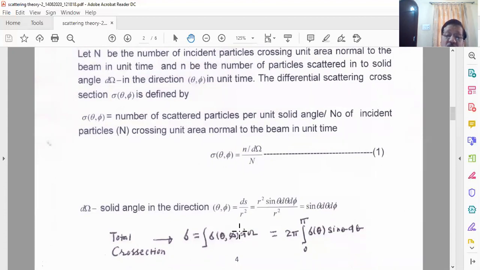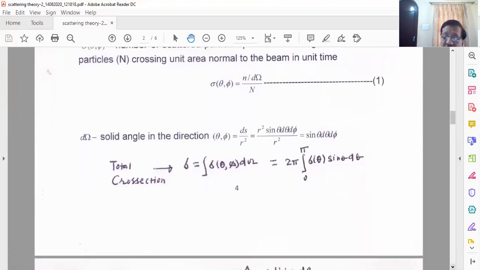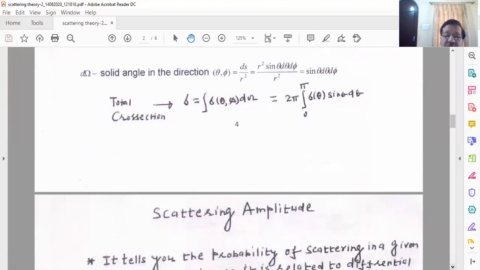If you want to calculate the total cross section, you have to integrate the differential cross section over the total solid angle, and this is the formula which we derived last time. So with this background, let us proceed to understand the scattering amplitude.